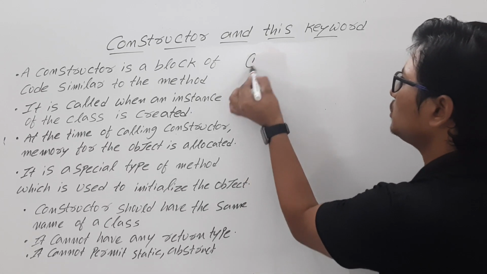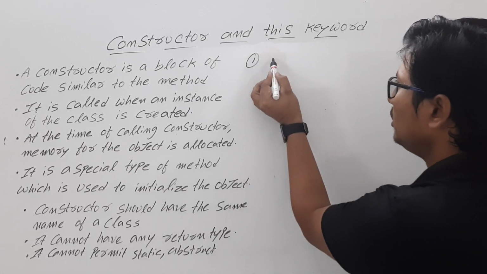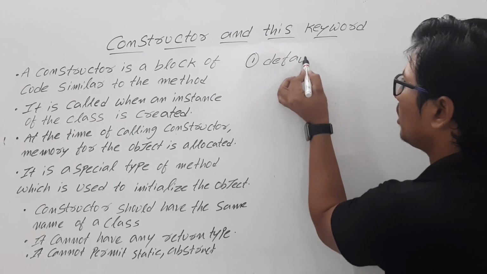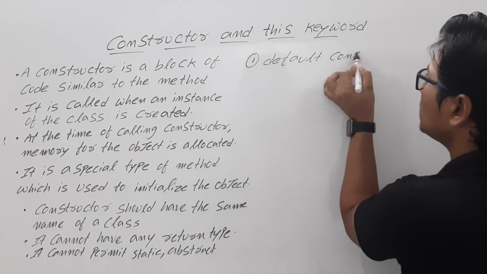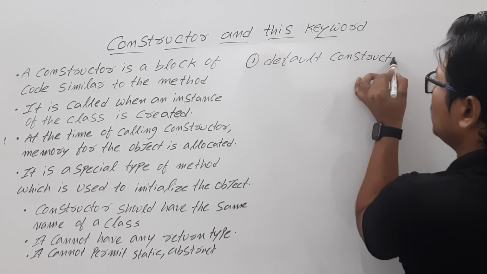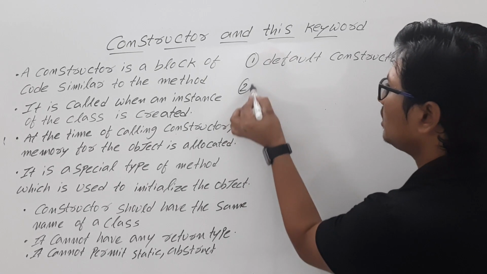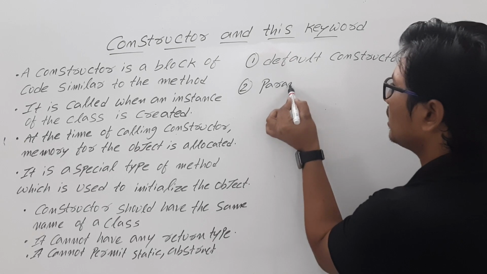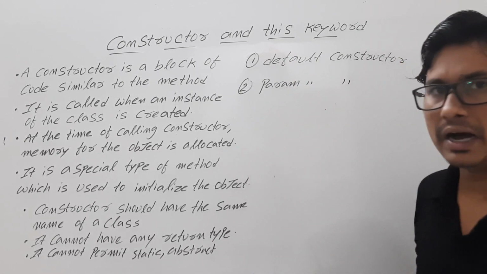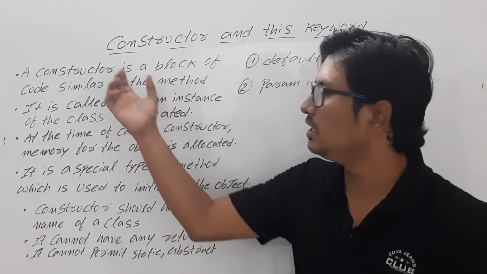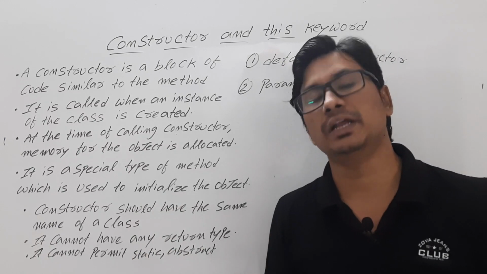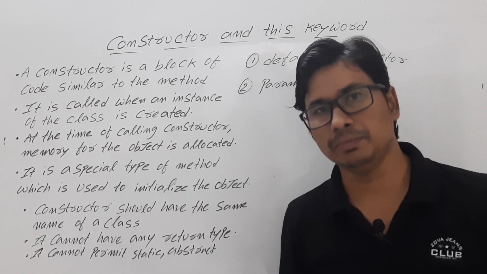Before discussing an example, constructors are broadly classified into two types. One is a default constructor, or I can say a non-parameterized constructor. And then you will have a parameterized constructor, meaning you will pass parameters, because any method will have optional parameters, or arguments.